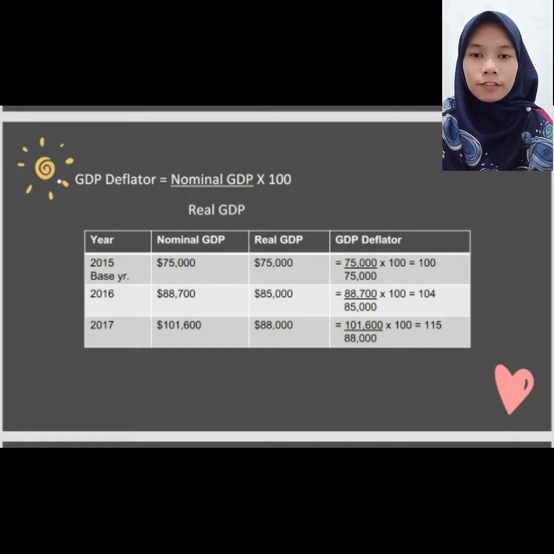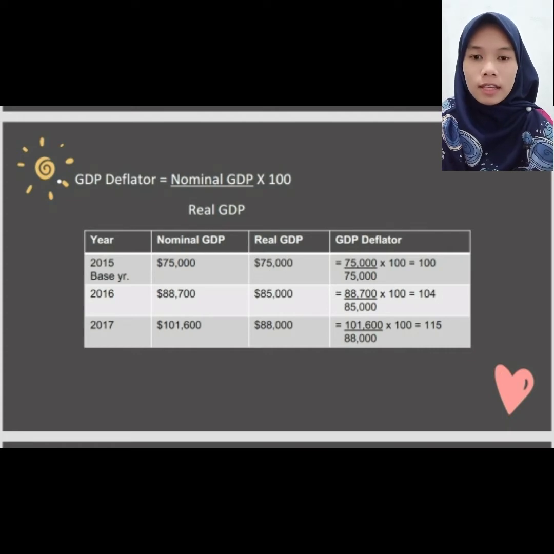So the nominal value and real GDP are the same. In 2016, the nominal GDP was 88,700 and the real GDP was 85,000. So the nominal value was greater than the real GDP value.